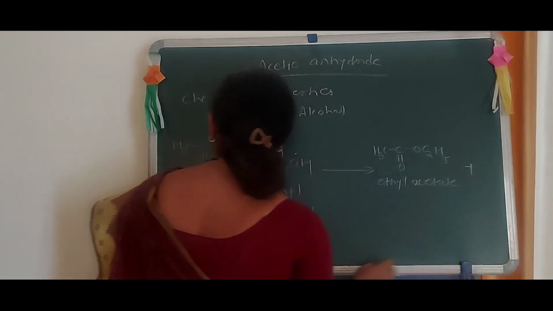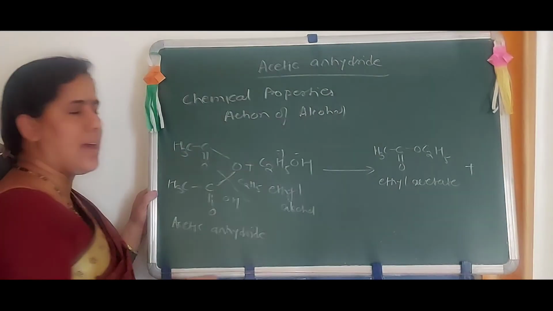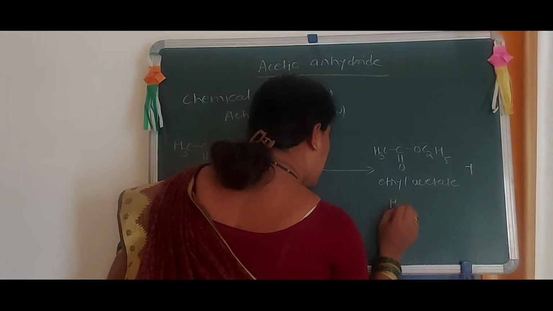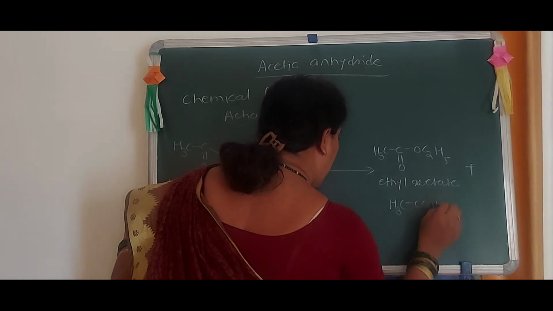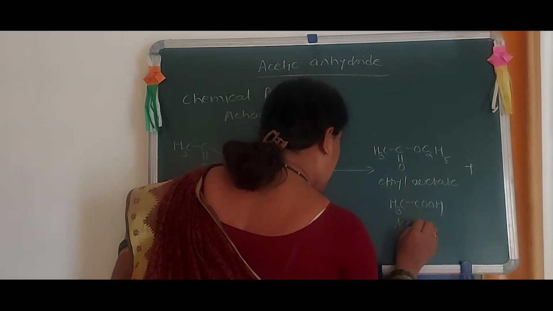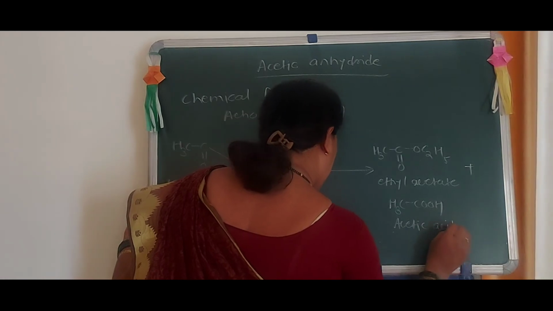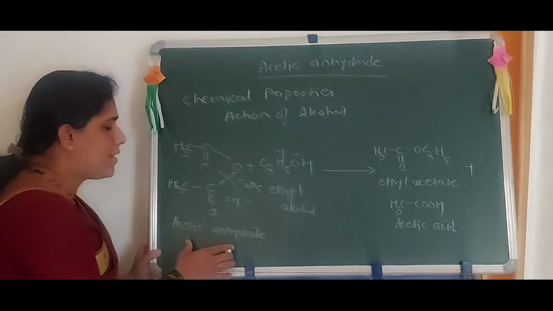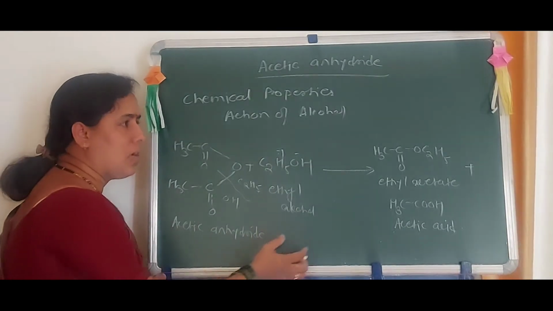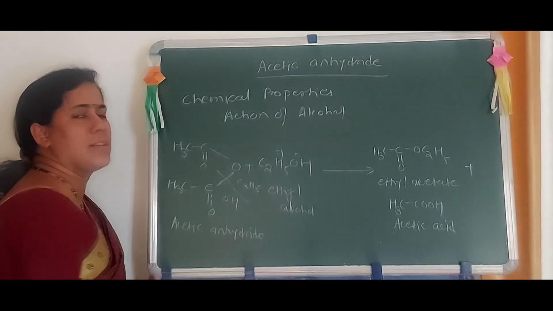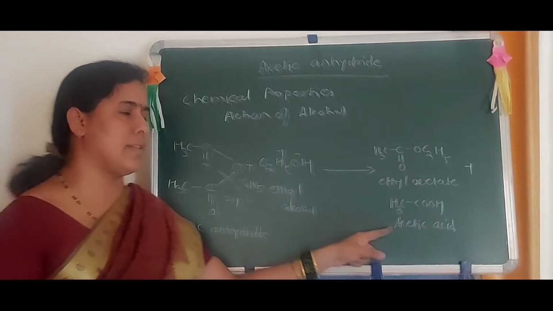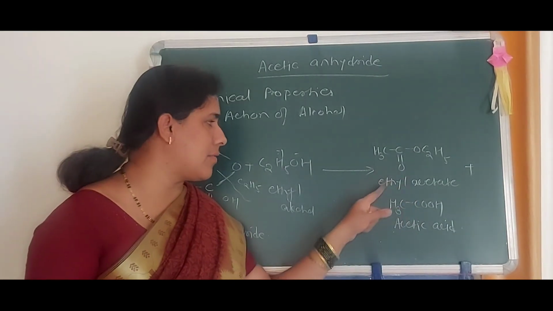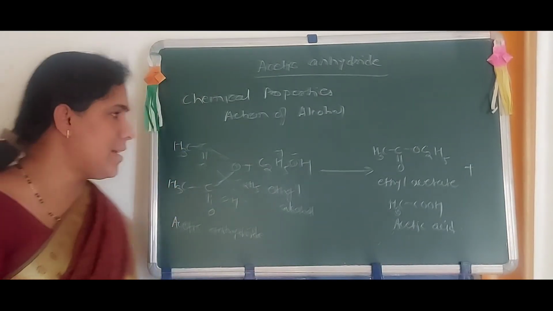And the second reaction product is what? That is an acid, CH3COOH, acetic acid. Again I am repeating this. When acetic anhydride reacts with ethyl alcohol, what are the products? First is an ester, ethyl acetate, and second is acetic acid.